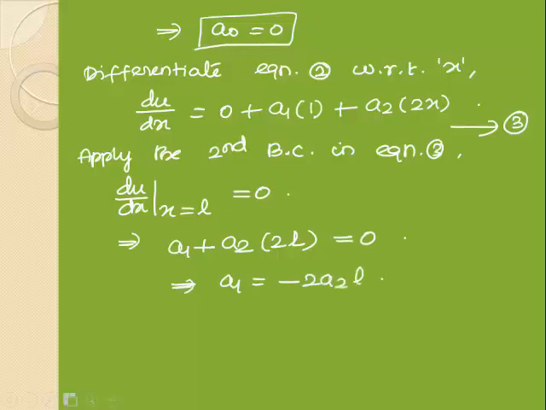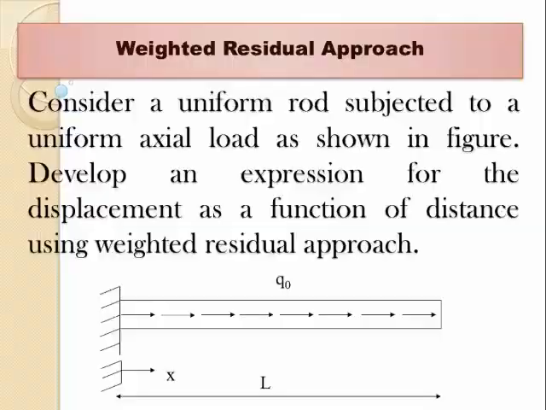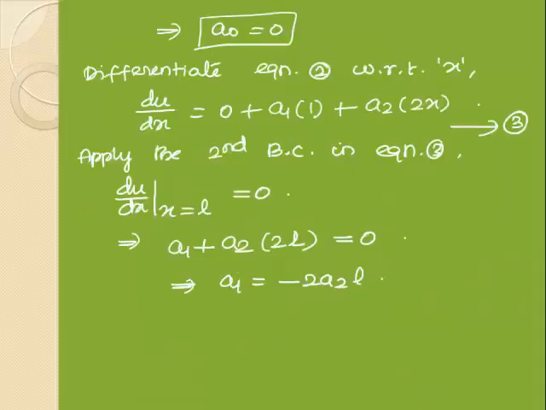By applying both the boundary conditions for the problem into the chosen trial function, we have found out the values of a0, a1 and a2. So substitute the found values for a0, a1 and a2 in equation 2.